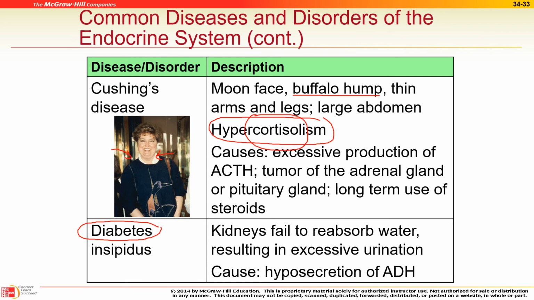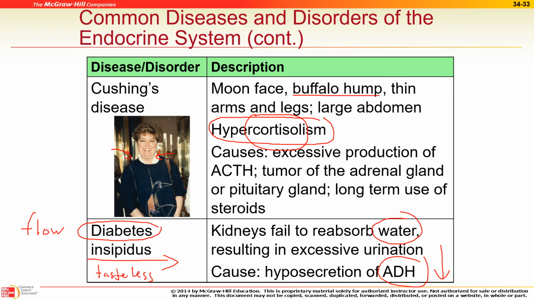Diabetes. Diabetes means to flow like a fountain. So it doesn't mean necessarily the sugar problem. It just means you gotta pee a lot. And one of the symptoms of diabetes with sugar is you have to urinate a lot. But this one is not sugar. This has to do with ADH, antidiuretic hormone. You don't have enough of it, so you're not holding on to water, so that causes you to, well, insipidus means tasteless.